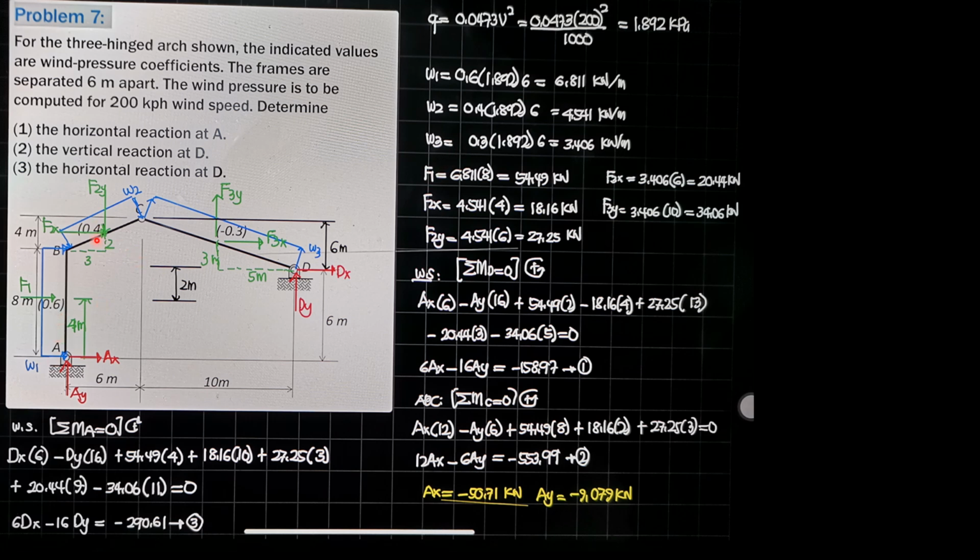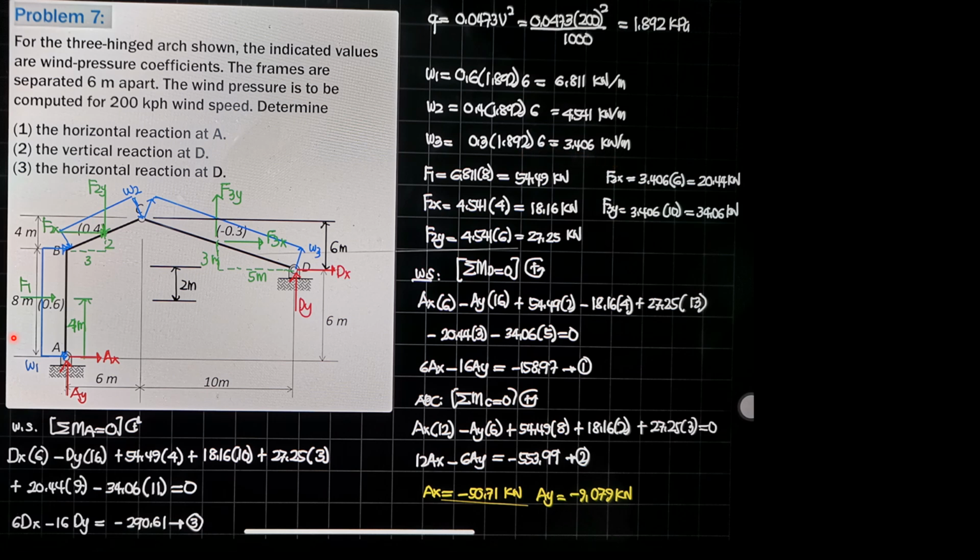For W2 here, it is compression also because the wind pressure coefficient is positive. 0.4 times wind pressure times width, so 4.541 kilonewtons per meter. And for W3, which is suction, so away, 0.3 is wind pressure coefficient, wind pressure, tributary width, so 3.406 kilonewtons per meter.